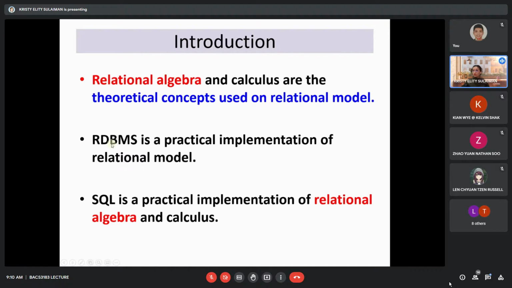It's also known as RDBMS, Relational Database Management System, a practical implementation of the relational model. So basically, it's the theory or concept of database for us to use in the relational model. Today we look at relational algebra that is used on the relational model.